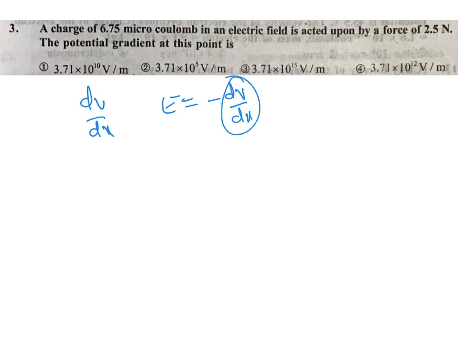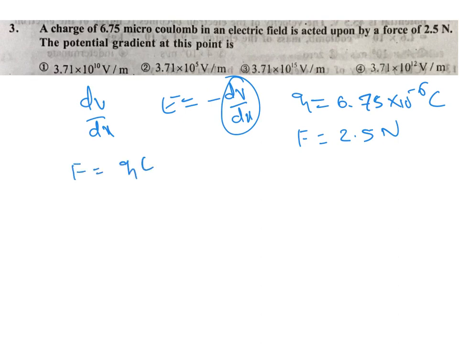As they have given, the charge Q is equal to 6.75 into 10 to the power of minus 6 coulomb, and the force is equal to 2.5 Newton. For the potential gradient, you know that the force F is equal to Q into E. That's what we have studied, right?